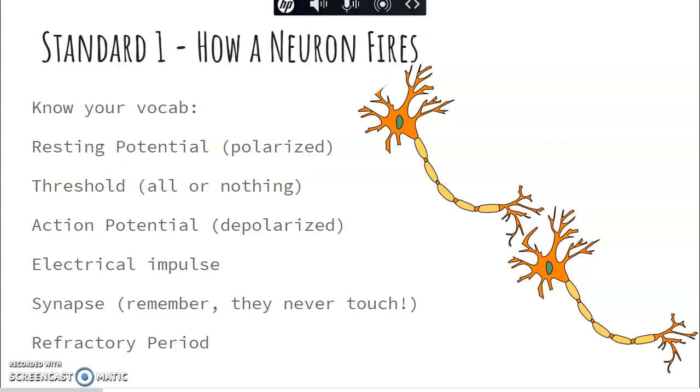The positive sodium ions mixing with the negative potassium ions is going to cause electricity. It's going to cause that electric signal, and it'll move on down the axon, and channels will keep opening and more electricity until it gets all the way to the end.